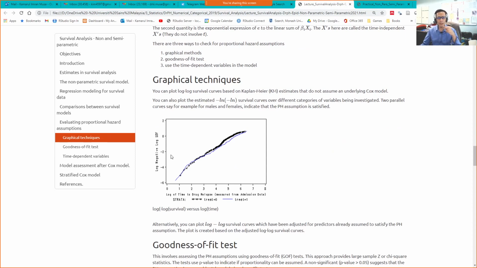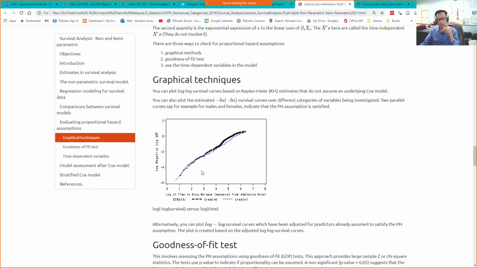For example, for graphical techniques, you can plot the log minus log survival curve based on Kaplan-Meier. Let's say you have treatment 0 and treatment 1, and see whether they cross or not. In this example, there seems to be a slight crossing here.